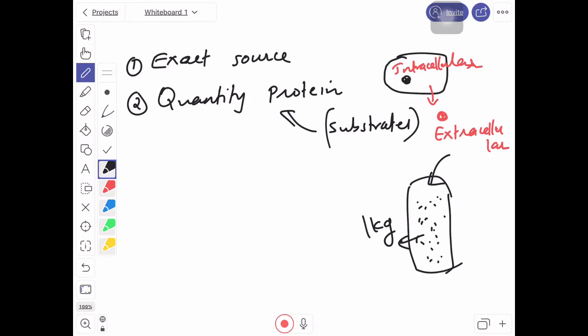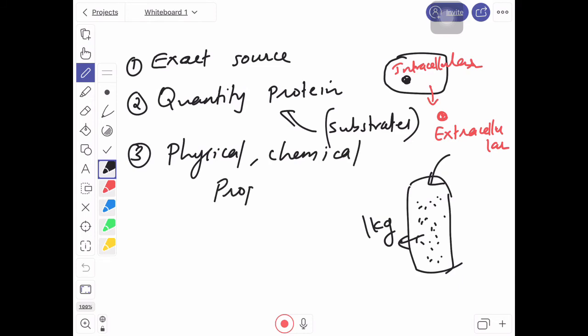And the third important feature that you should know is the physical and chemical properties of your target protein. Then only you can design the exact techniques by which you can separate or isolate those proteins.